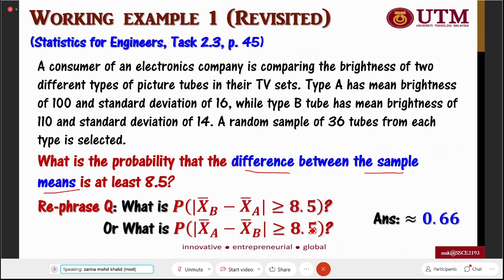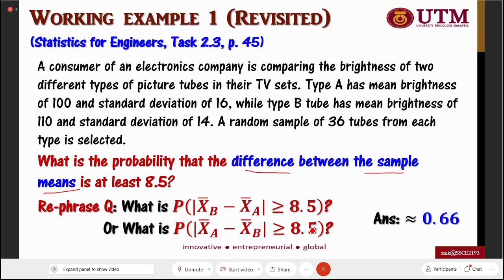You can try this out, and we could have many questions like this. So please make sure you know when to use modulus and when you don't have to. No specific order, use modulus. If you have a specific order of a difference between X bar 1 and X bar 2, for example, then no modulus.